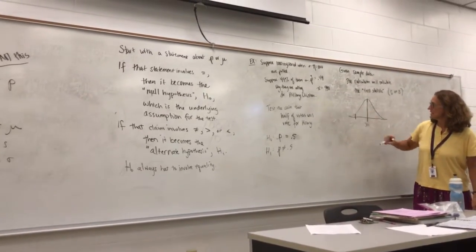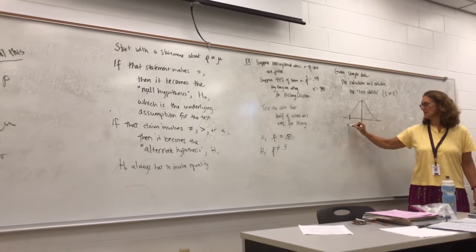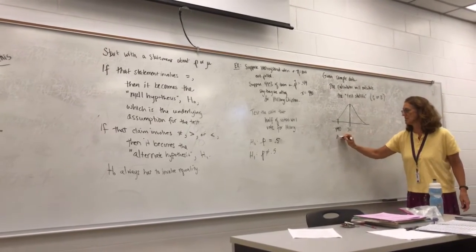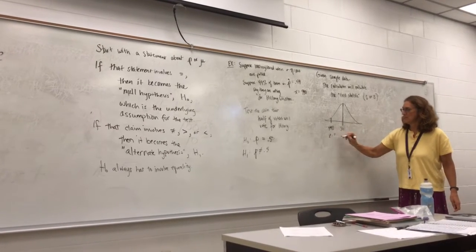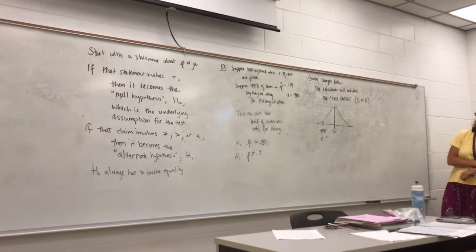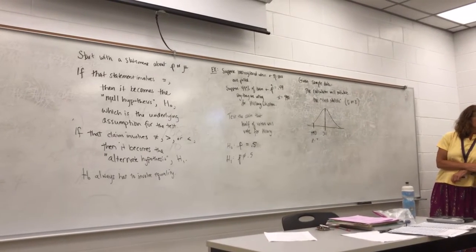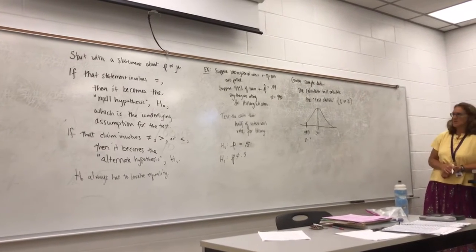But it's calculated with this formula that's going to tell us where 490 is. It'll tell us basically if that's extreme or not. How far to the left of the distribution is it?